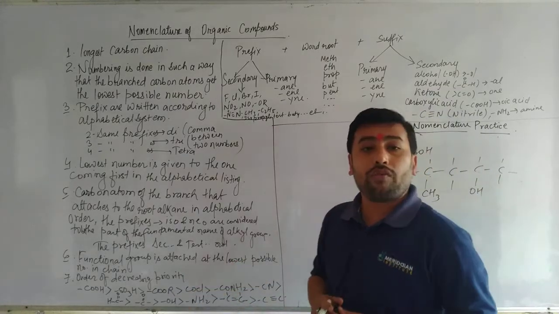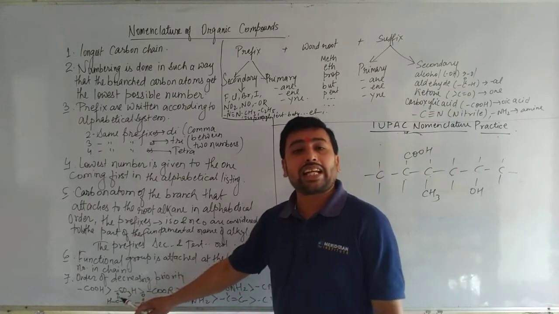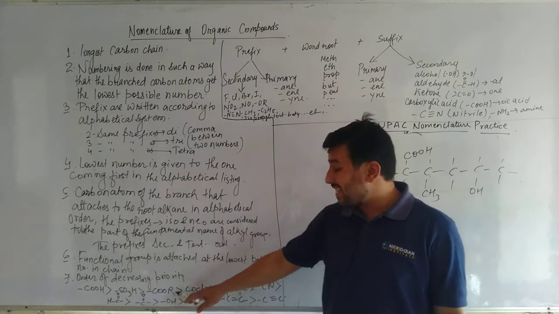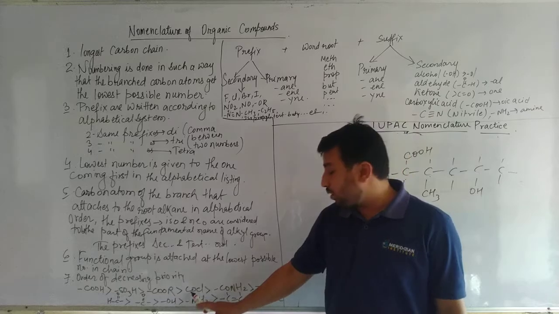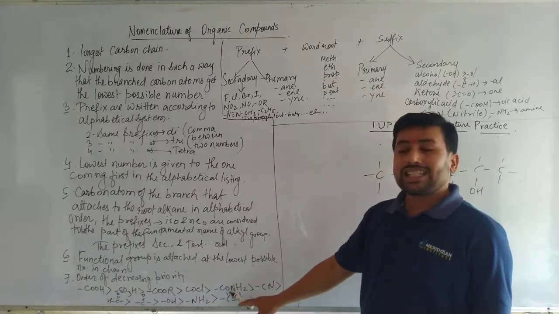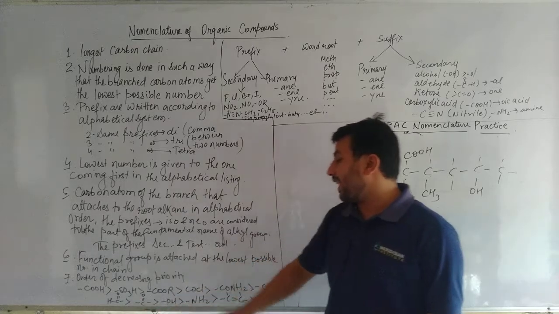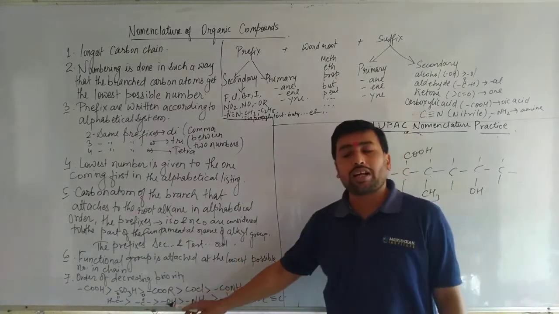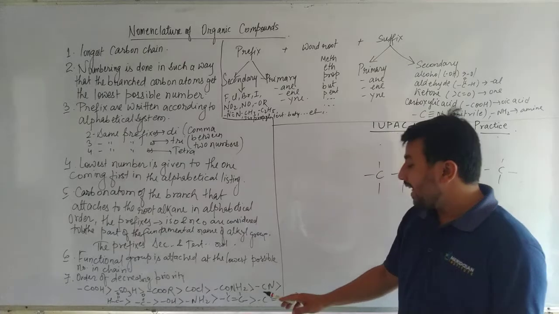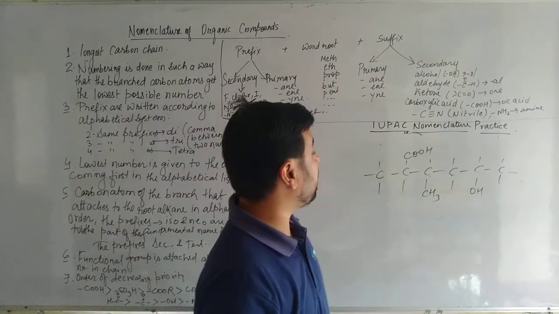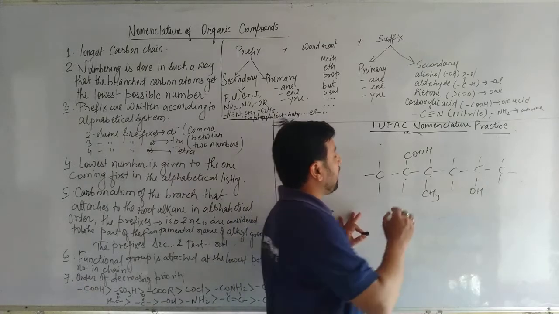First position is of carboxylic acid, second thioic acid, third it's called ester, fourth is acetyl chloride, fifth one acetamide, sixth one nitrile, seventh one aldehyde, eighth one ketone, ninth one alcohol, 10th one amide, 11th one alkene and 12th one alkyne.